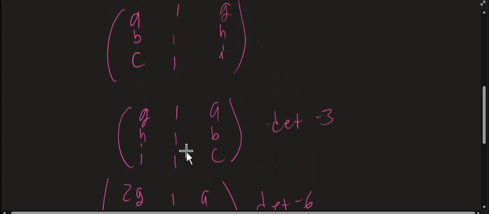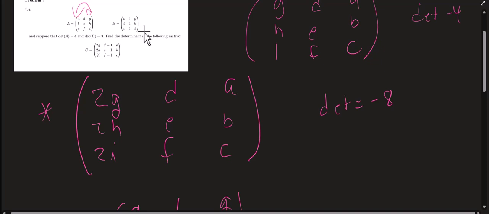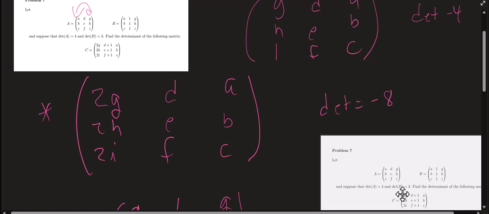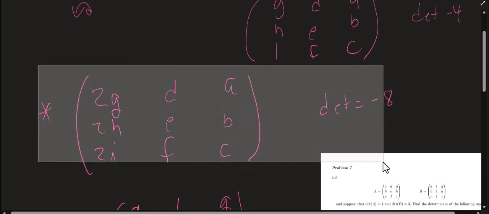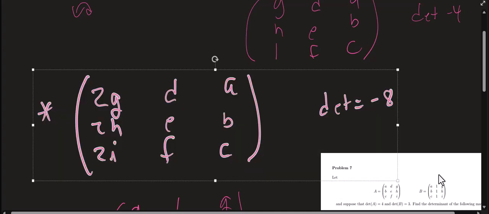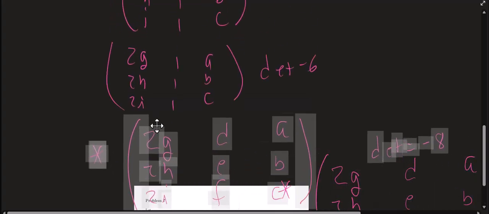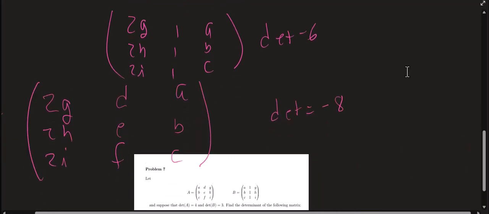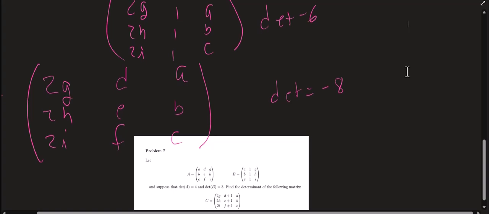Let's see. Okay, so I have this top matrix that has determinant -6, this bottom matrix that has determinant -8.